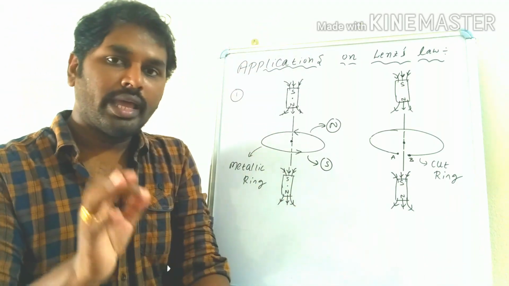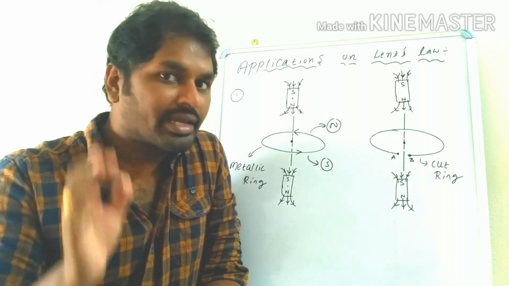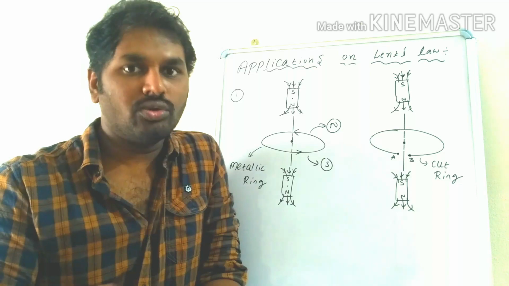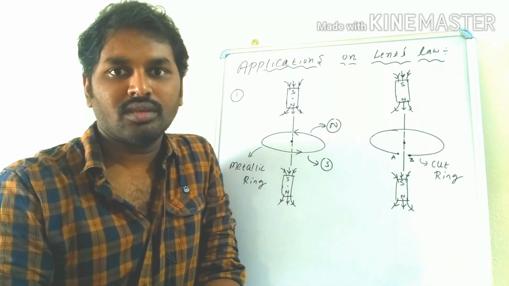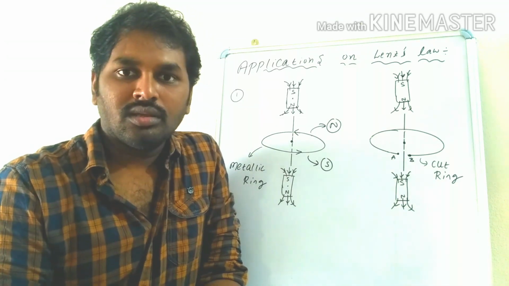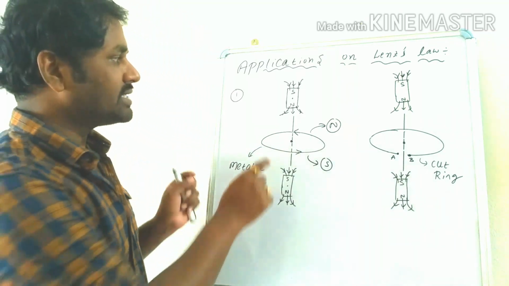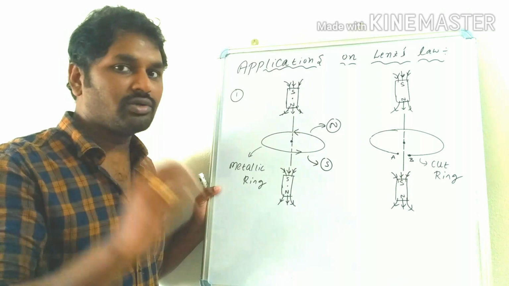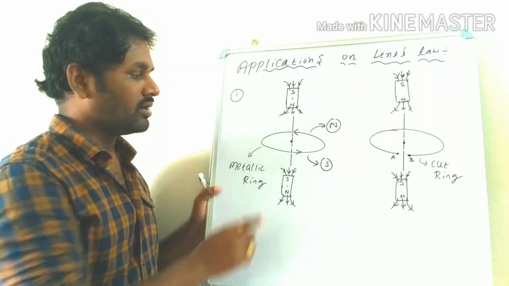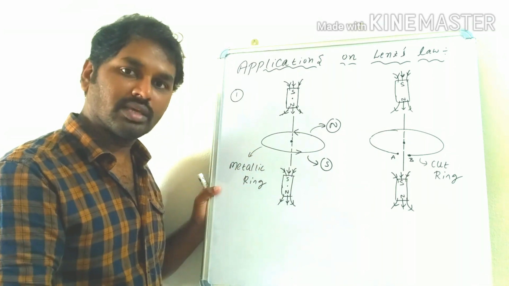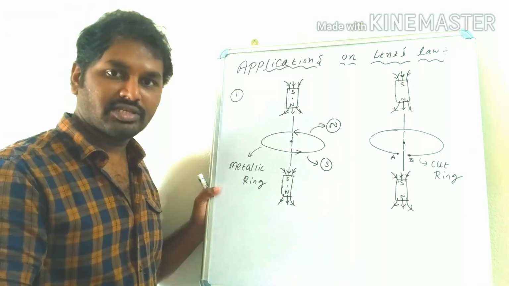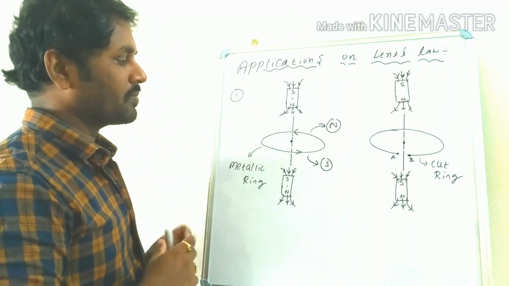As you know, any object falls down with an acceleration due to gravity, due to gravitational force. But here, the acceleration attained by this magnet is somewhat different due to the induced current which is going to develop in this coil. Let us see how the acceleration is decreasing.